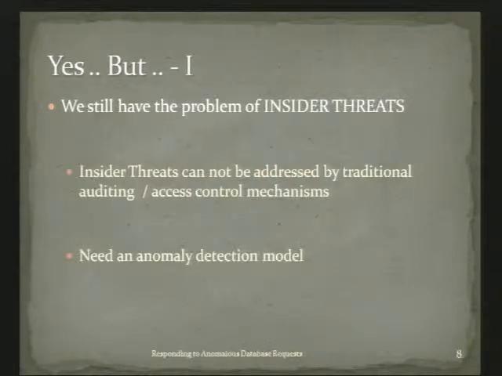Insiders are malicious employees who have the necessary privileges to access and manipulate data, and it's very hard to predict when trusted employees can go malicious and indulge in malicious activity. So we need an anomaly detection model, and the kind of model that we propose will become clearer in the next few slides when we discuss the system architecture.